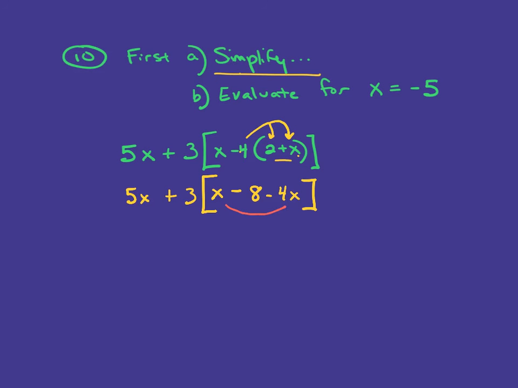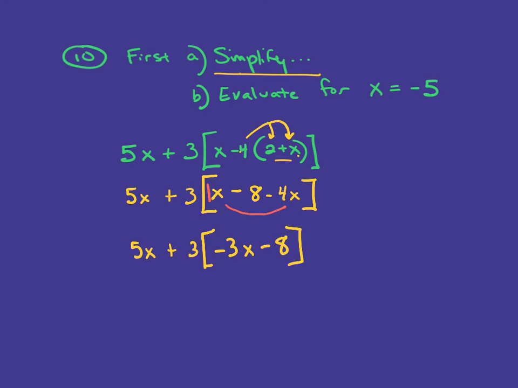The x and the negative 4x. Remember, there's a 1 in front of that x. So when we combine these like terms, we're dealing with the 1 minus 4, 1 and the negative 4. So 5x plus 3, and I'm just going to deal with the 1x and the negative 4x. 1x minus 4x is negative 3x. And then we had that negative 8 there.